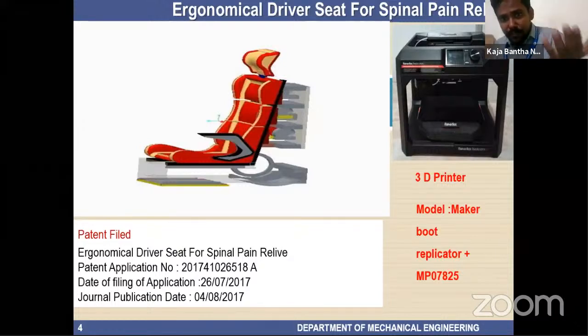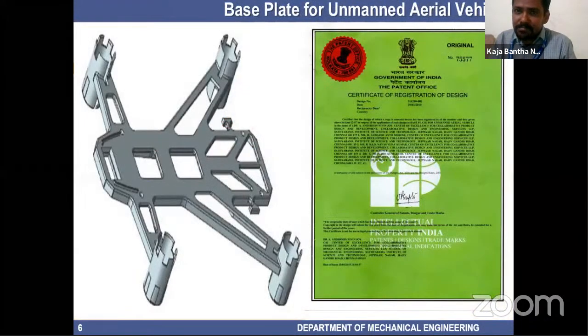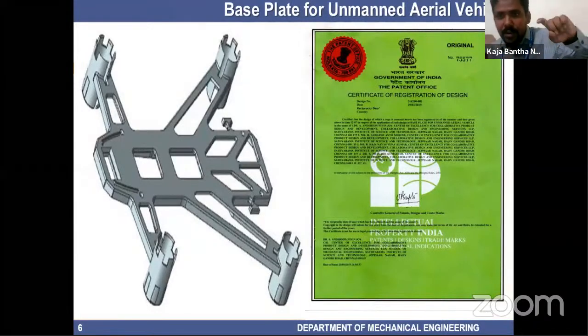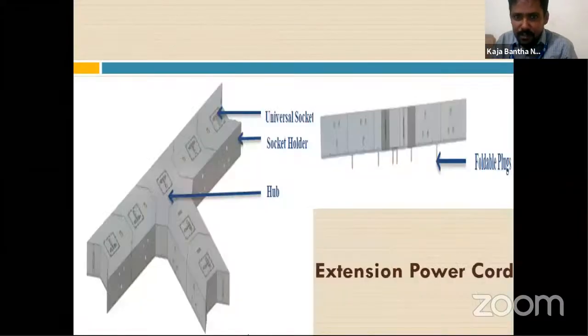We at Satyabama have a prototype for an ergonomic driver seat for spinal pain relief, and an unmanned aerial vehicle base plate. People's unmanned aerial vehicles are available. We specified the structure base plate, and a lot of things are there. So this is a cycle folding mechanism, extension power cord.